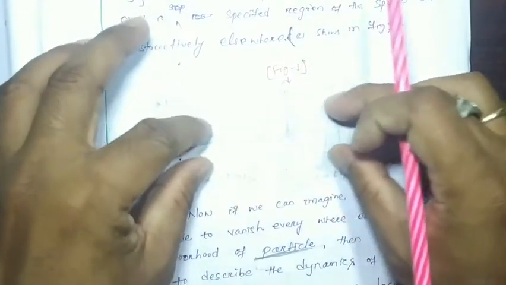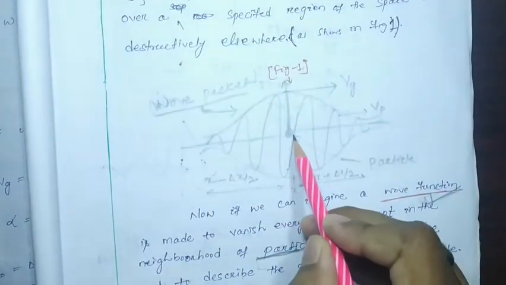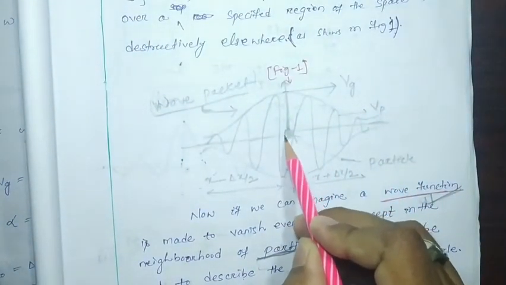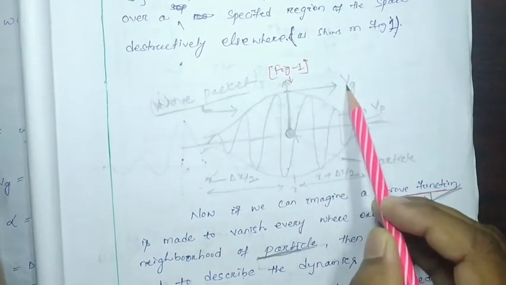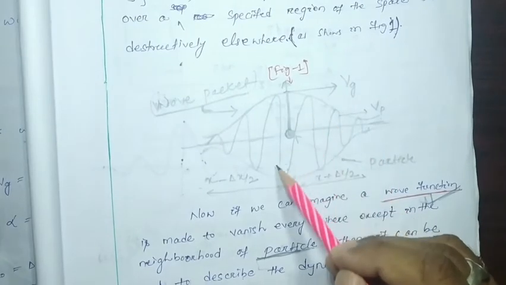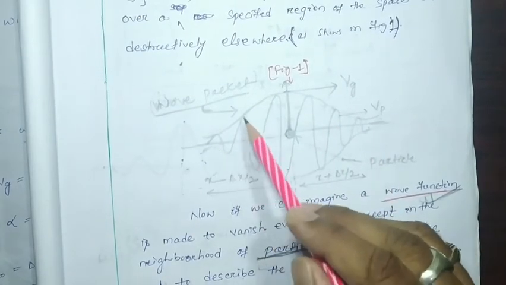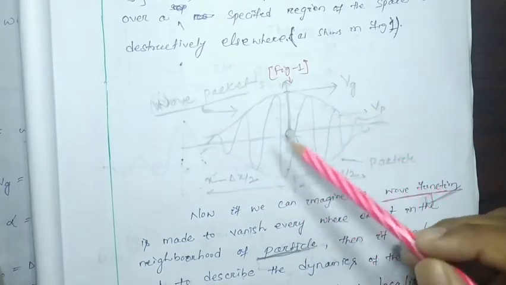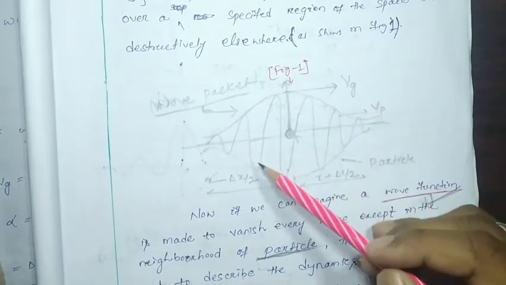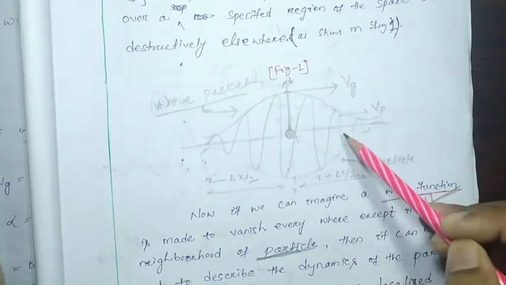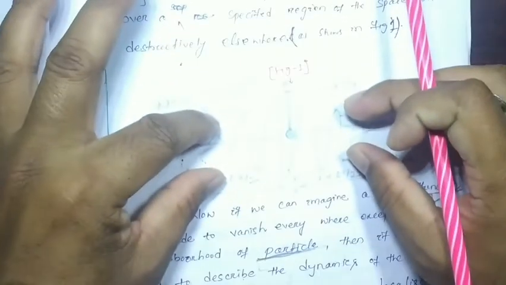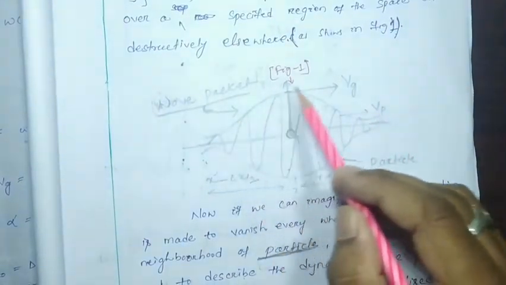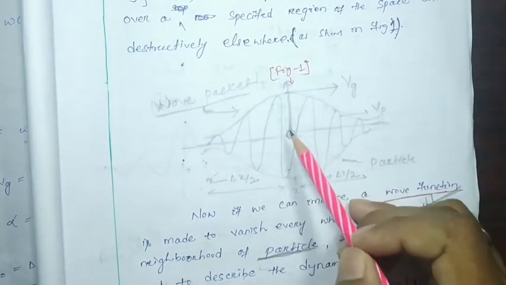This is called the wave packet, and the particle will be present at the center of this packet, with the highest amplitude moving with group velocity, and all the separate waves having slightly different frequencies moving with different velocities within this envelope, the wave packet envelope. This envelope represents the so-called quantum particle.